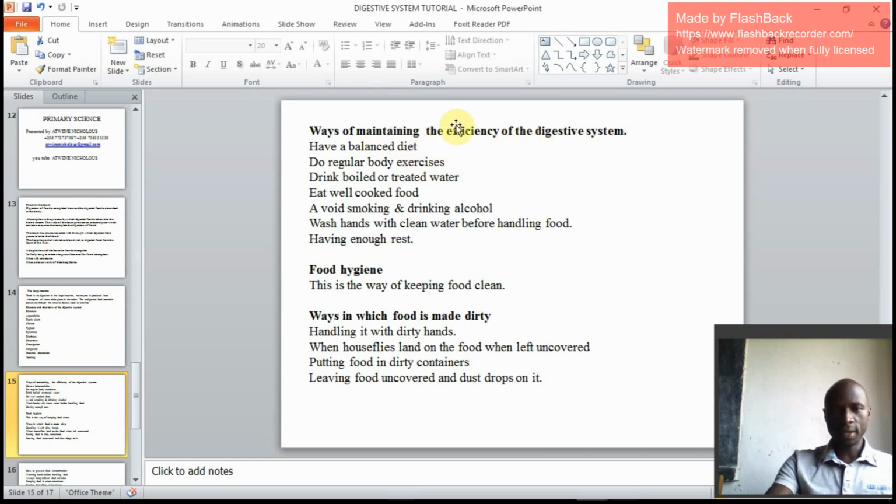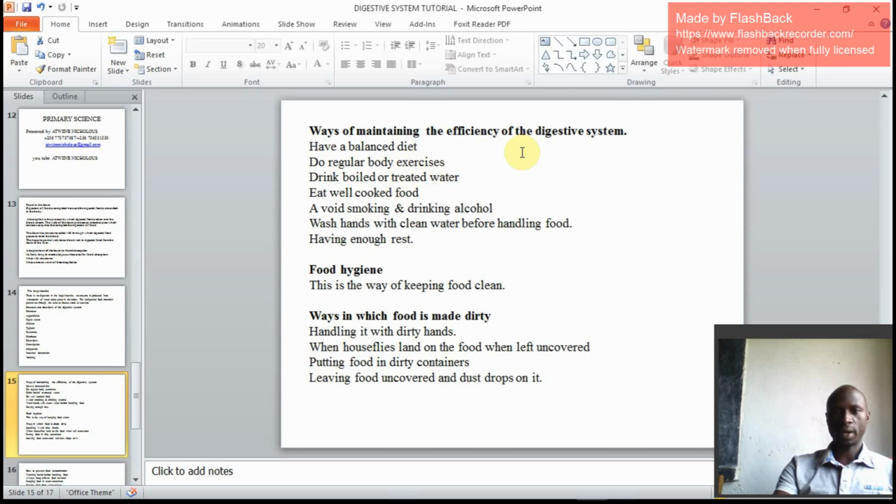Even if they ask ways of maintaining a system you have never heard of, feeding on a balanced diet will be there. Regular exercises will be there. Even if it is respiratory, reproductive, or coordination, all systems need a balanced diet and exercises.